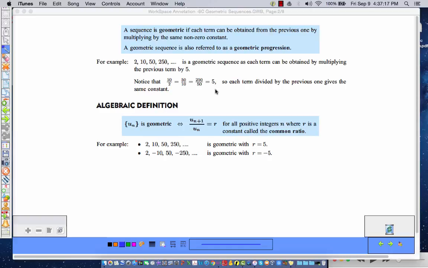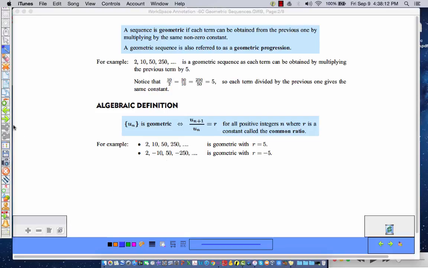Consecutive terms have the same common ratio. And as we talked about in class, this notation here indicates a term divided by the previous term, u sub n plus 1 divided by u sub n. So here we have a common ratio of 5, and here we have a common ratio of -5.